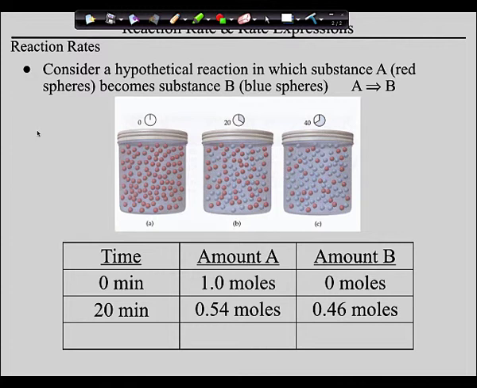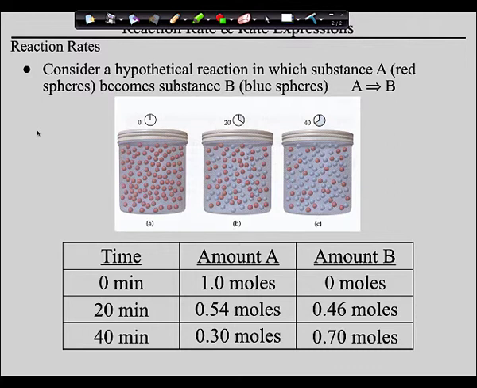It turned into B. 20 minutes later, how much A will we lose? Another 0.46 moles? We will not. Guys, it actually goes down to 0.30 moles. And now how much B will we have? 0.7 moles. So guys, look at what happened.